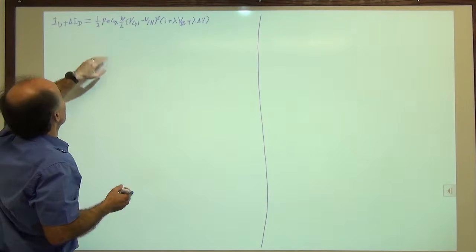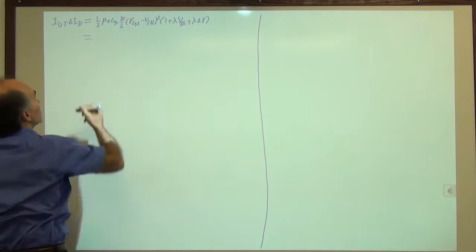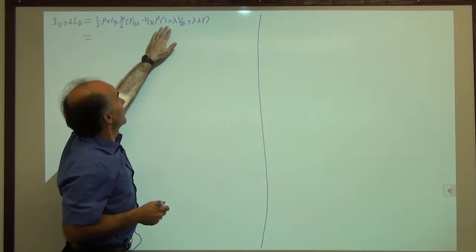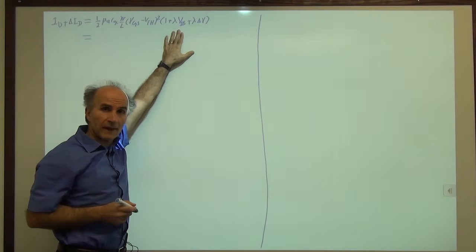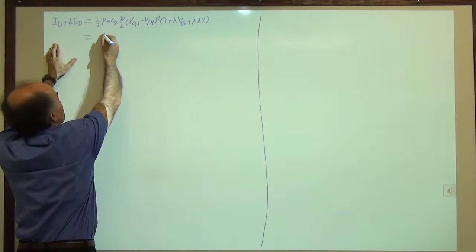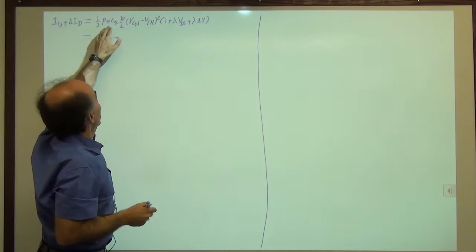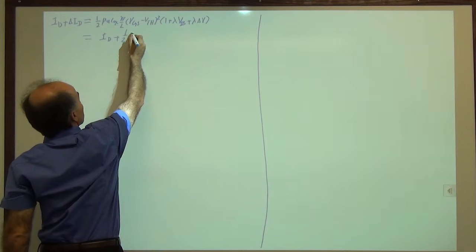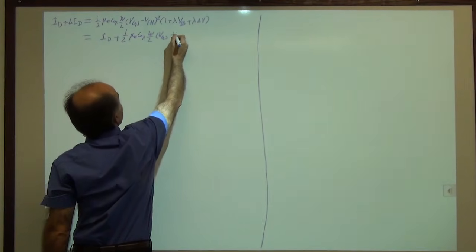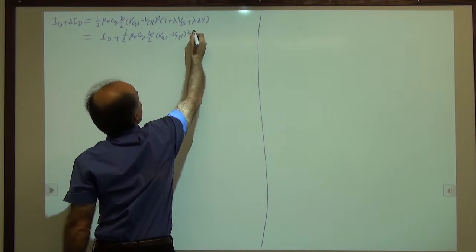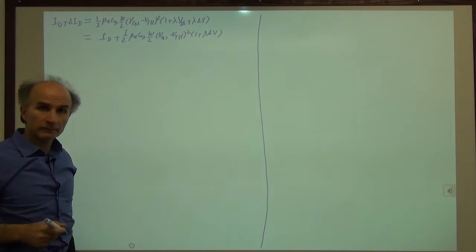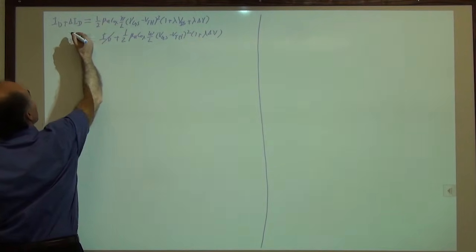Okay, let's expand this side and see what we get. 1/2 of mu n C ox W over L (VGS minus VTH) squared times (1 plus lambda VDS). Do we recognize that? Well, that's just the bias current of the device, so that's ID. So we have ID plus 1/2 of mu n C ox W over L (VGS minus VTH) squared times lambda delta V. All right, so this ID cancels with this ID.